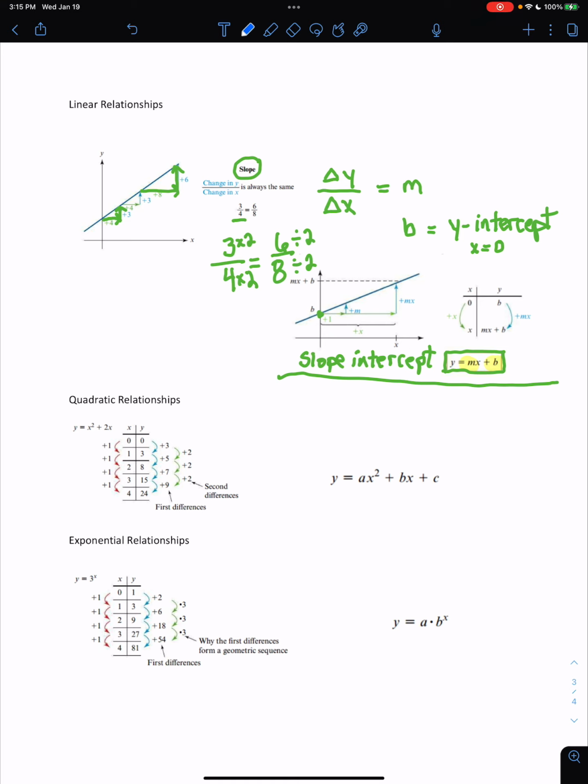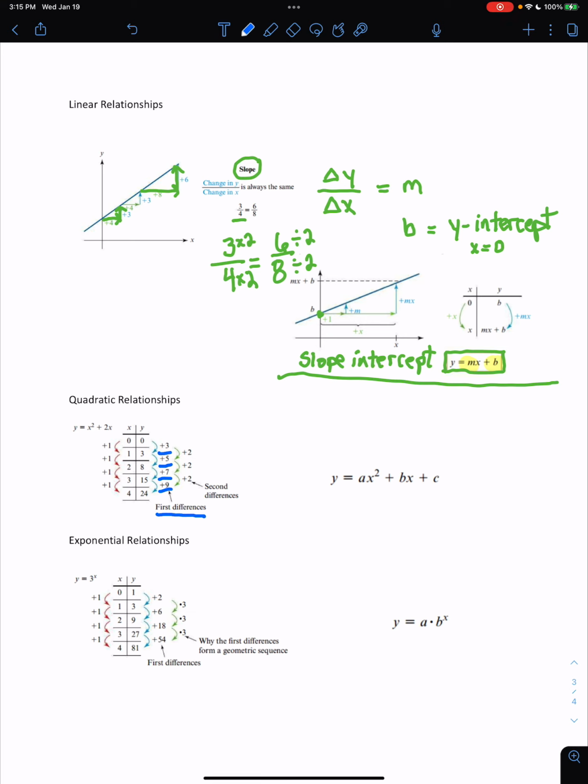So here, when we go from the y value of 0 to 3, we're adding 3. Then 3 to 8, we're adding 5. Then 8 to 15, we're adding 7. Then 15 to 24, we're adding 9. So these are what we call our first differences, and they are not consistent.